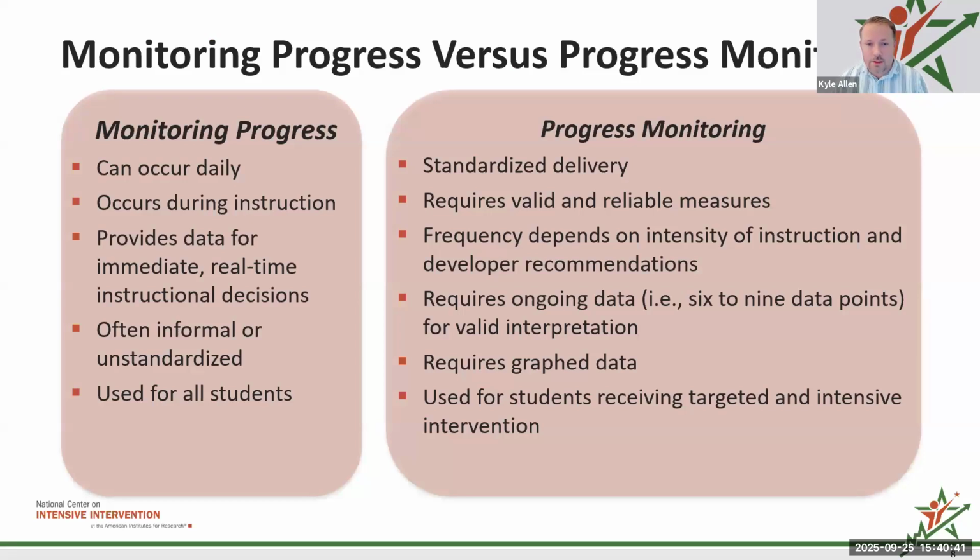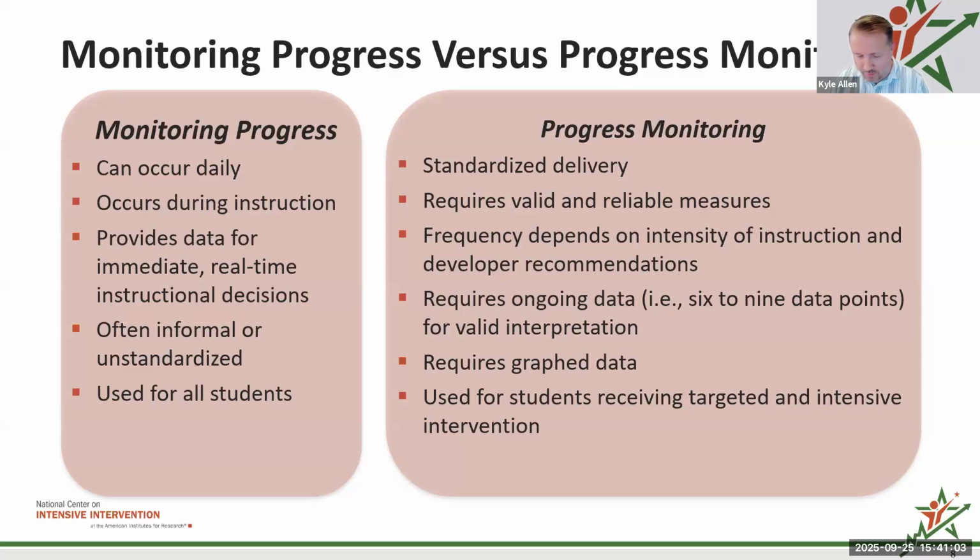The other thing that we often talk about when we talk about this idea of progress monitoring is just the difference between progress monitoring and monitoring progress. And every time I talk about this, I feel like it's a little bit confusing because they're the same words, just mixed, right? But monitoring progress is something that good teachers do every single day.